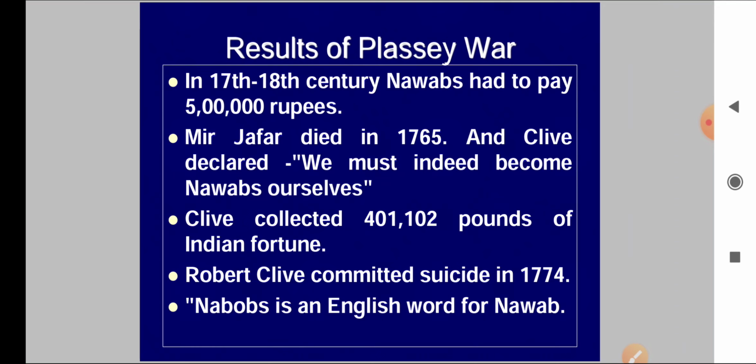Diwani right here refers to the collection of land revenue. As a result of this Plassey war, now the Nawab had to pay 5 lakh rupees, and here he collected, you can say, thousands of rupees from different areas as a title, as a gift.